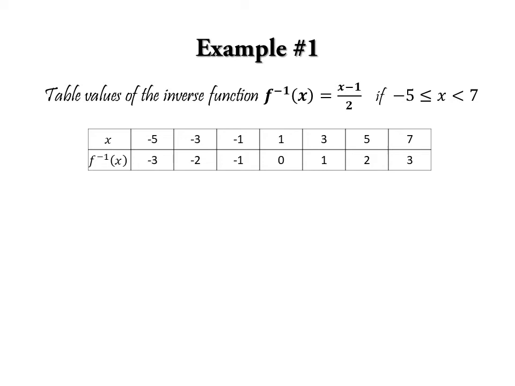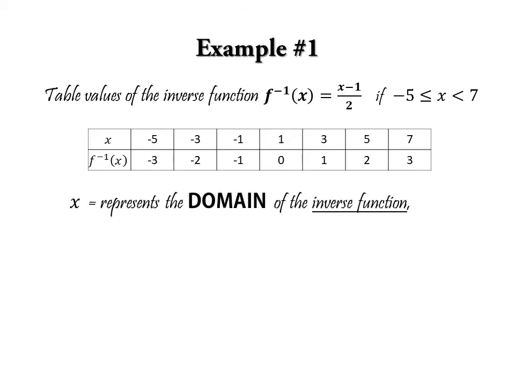If x is minus 3, then the inverse function is minus 2. If your x is minus 1, then your inverse function is minus 1. And if x is 1, then your inverse function is 0. If your x is 3, then your inverse function is 1. If your x is 5, then your inverse function is 2. And if your x is equal to 7, then your inverse function is 3.